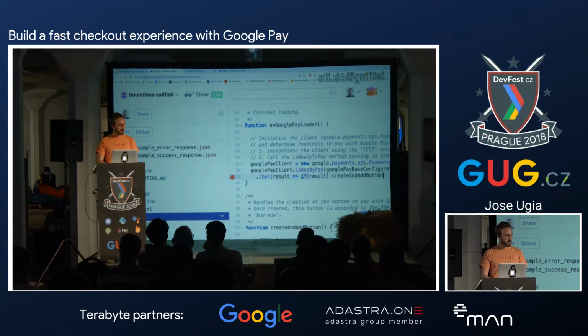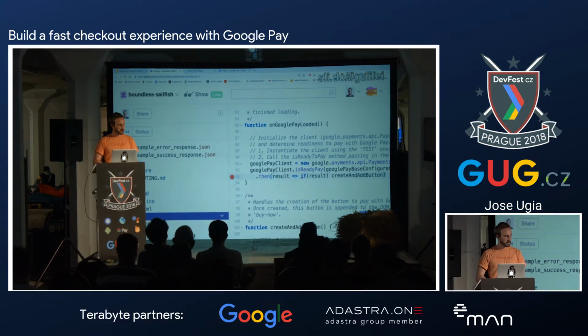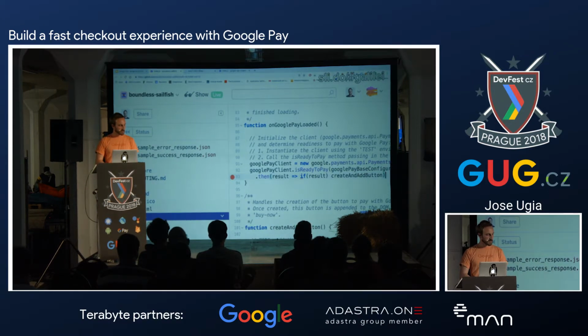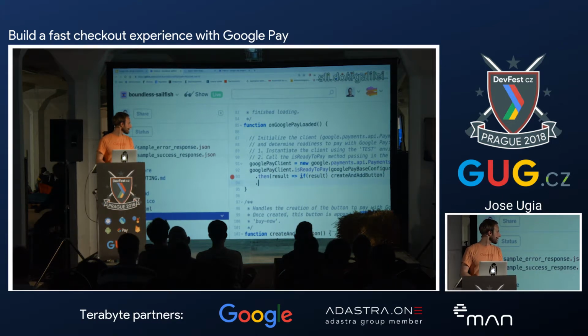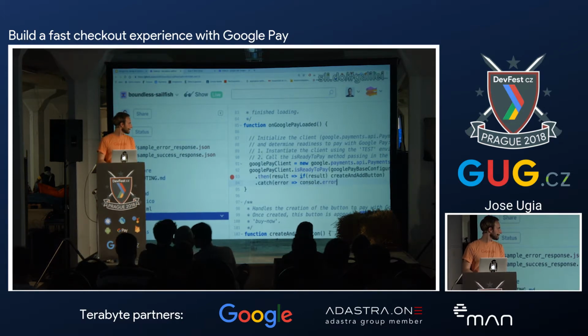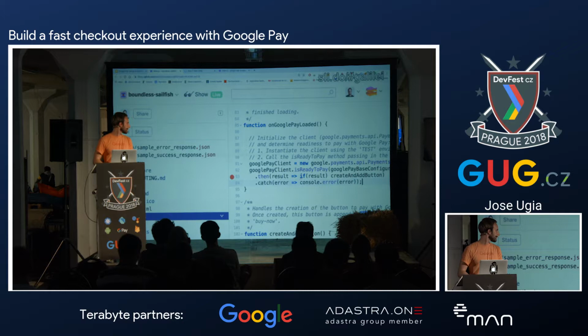OK, I appreciate that. isReadyToPay. That wouldn't work. OK, so first embarrassment, I'm safe from that. That's awesome. Now, let's keep going. Actually, I cannot see the full screen. So this is closing the first one. We're catching the error and logging it. That's it. Good.